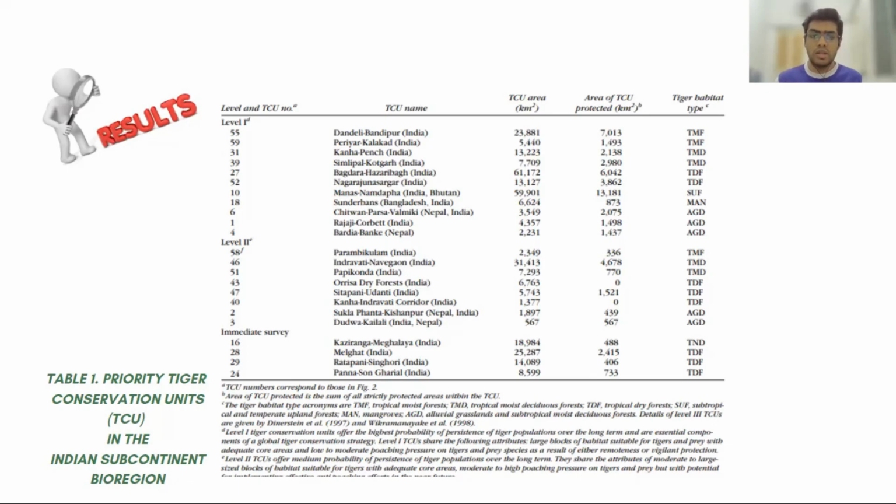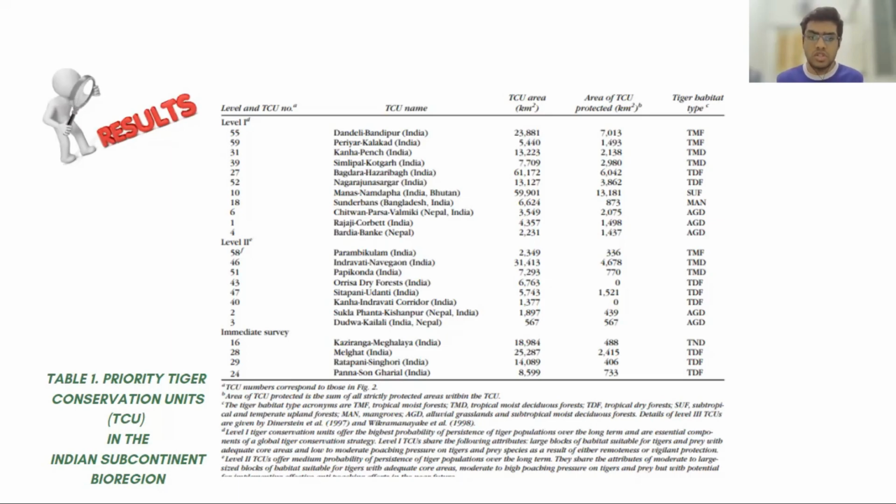Here, 20 of the total 59 TCUs do not contain any protected areas. Therefore, the mean size of the protected areas is around 1,621 plus or minus 2,458 square kilometers. However, the TCUs that have priority, such as in level 1 and level 2, need to have protection because they are the priority.